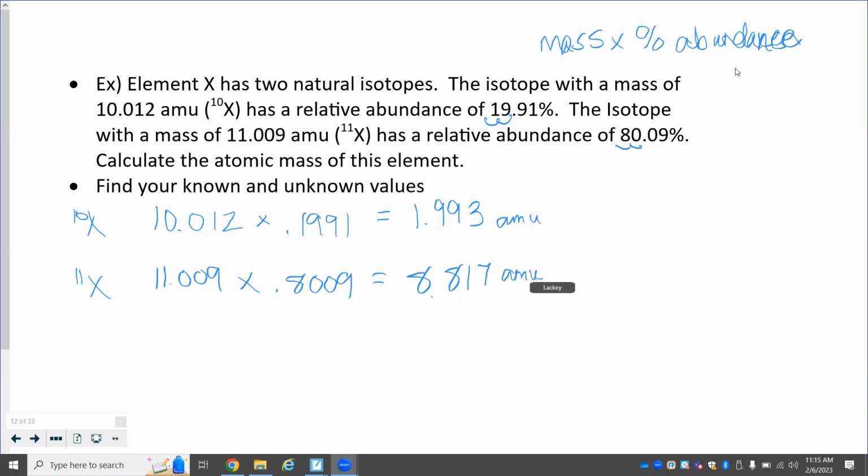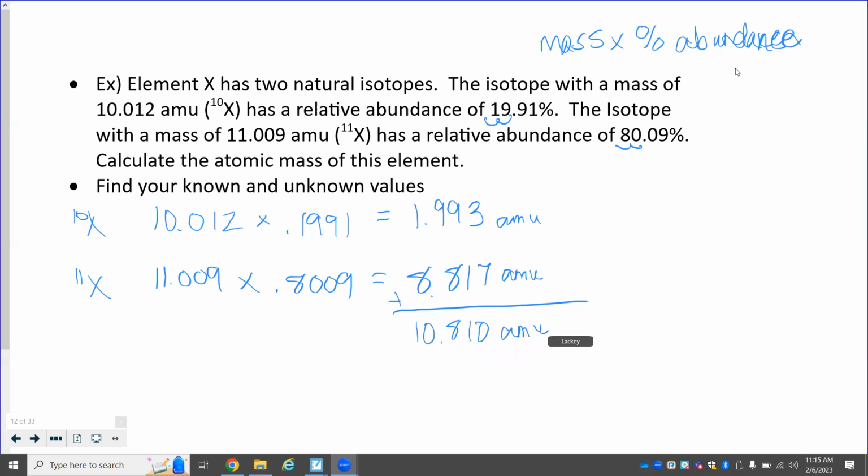And we said our last step was to add those products together. So we're adding the products for each isotope together. And we get that that has an average atomic mass of 10.810 atomic mass units.